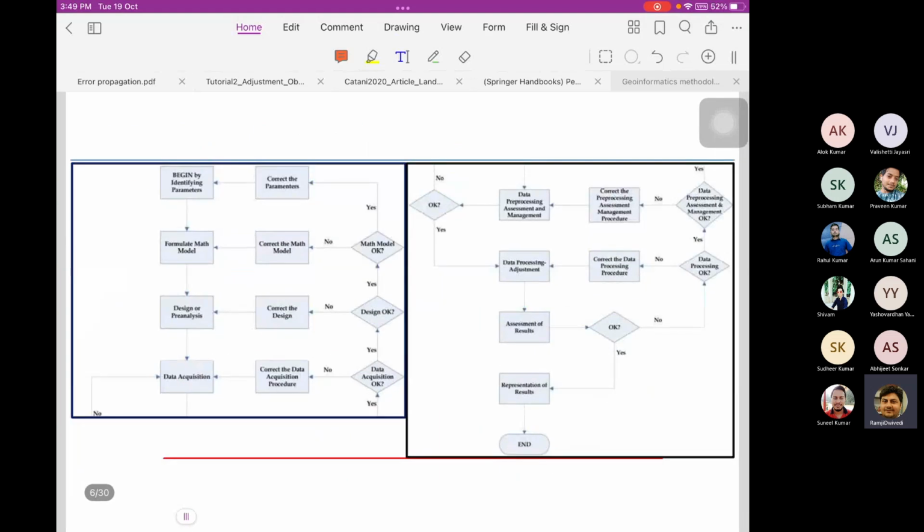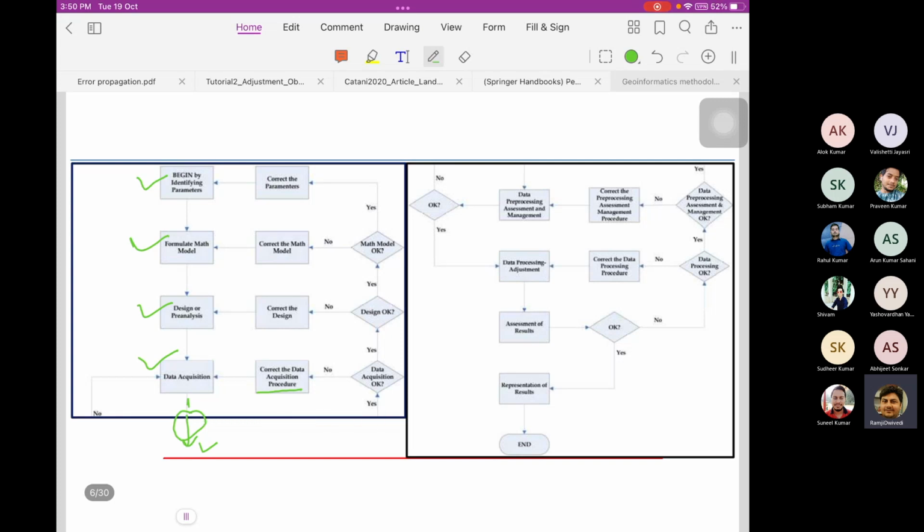A big flow chart is presented of this same methodology. You can read it one by one. So begin by identifying the parameters, then formulate the mathematical model, then design the pre-analysis, the data acquisition. If data acquisition is okay, you are good to go. If it is no, then you question every time whether the correct data acquisition procedure is adopted. You can ask the question whether you have achieved it or not.